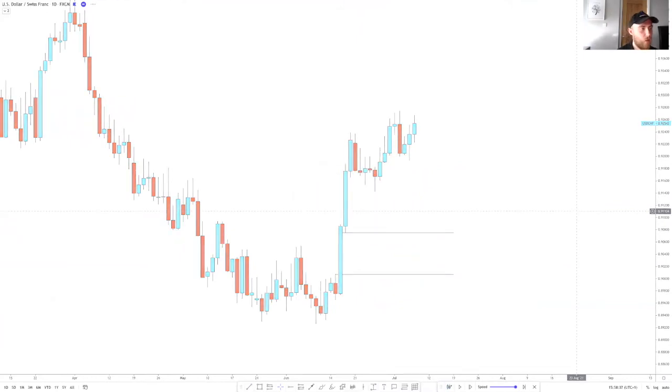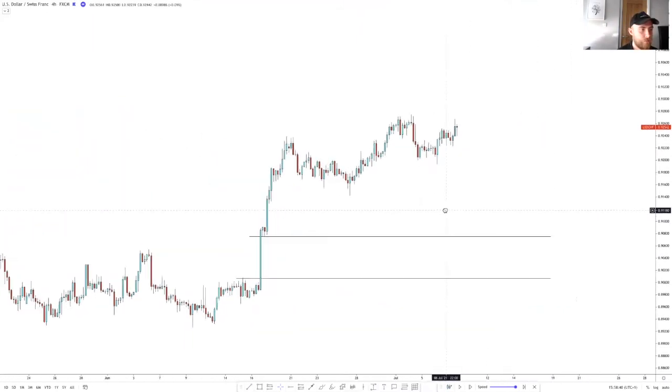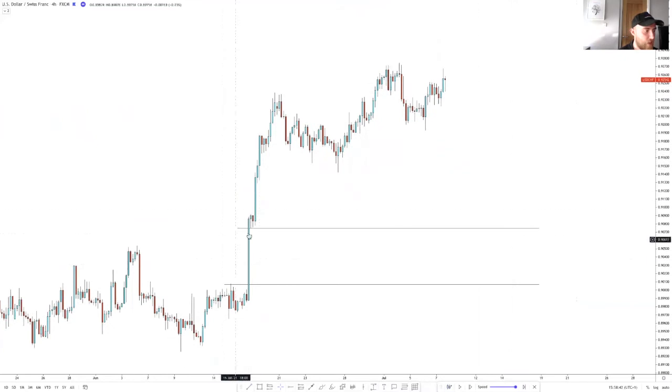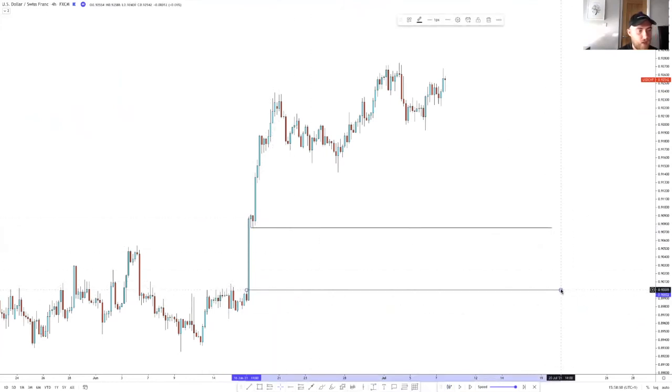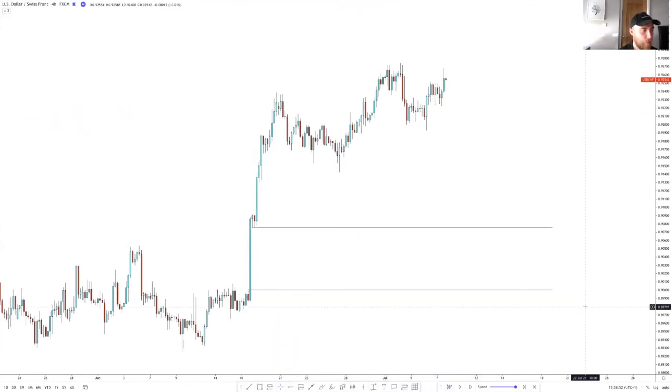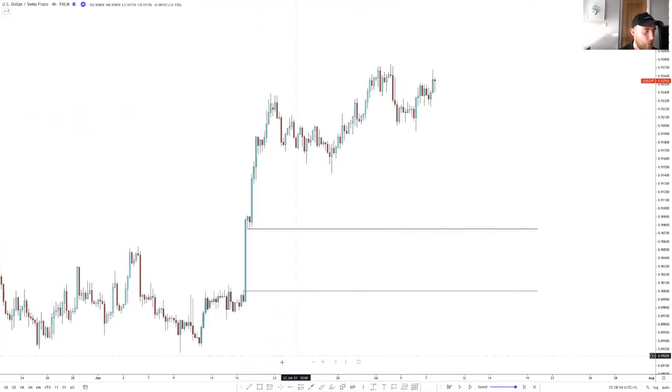So if we drop down onto the 4-hour time frame, we can now see that imbalance really clearly. And you see that sometimes we will have to adjust that and adapt it, based on different time frames. It's not going to look exactly the same on every time frame, but you can see that we have definitely created imbalance there. We have also created imbalance here within this space.